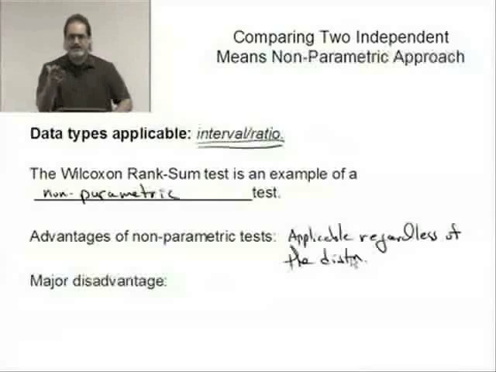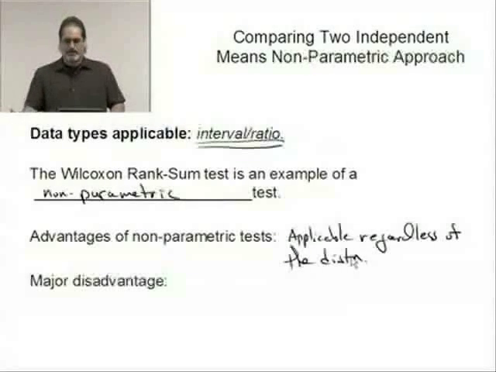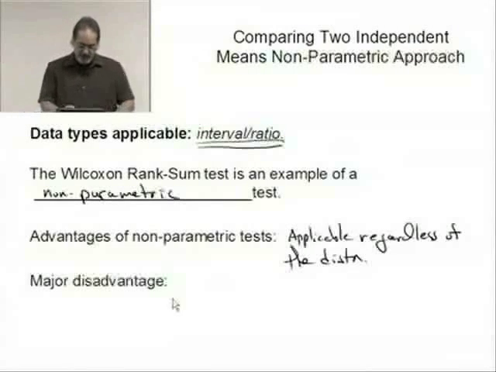The main strength is that we don't have to have this underlying assumption of normality. The major disadvantage with a non-parametric technique is that it's very conservative.